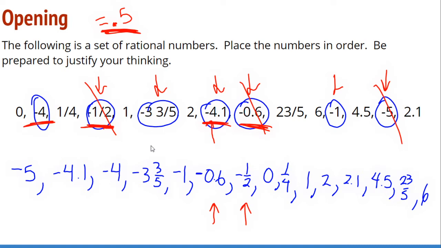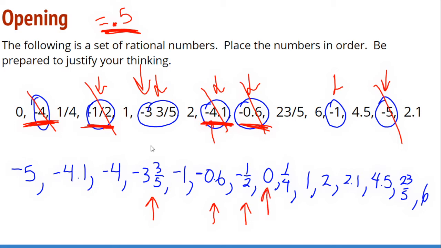Well, this is 4 units from 0, but this is 4 and a little bit more. So I said this one was farther, so it would come after the negative 5. So I've got 4 1/10, and then I've got the 4. And then I've got this negative 3 3/5 as kind of in between all of that. So that's how I did the negative side, getting them in order from least to greatest.